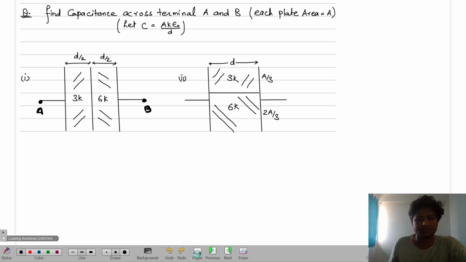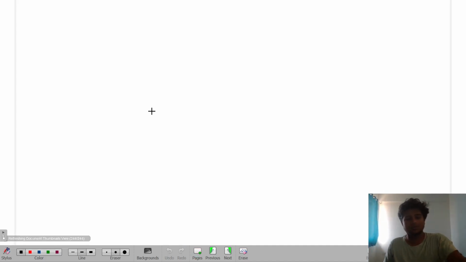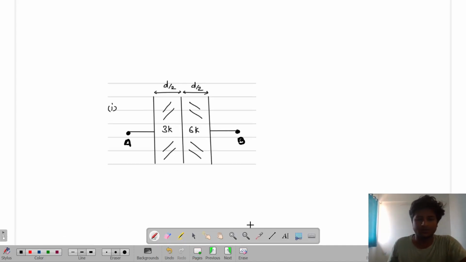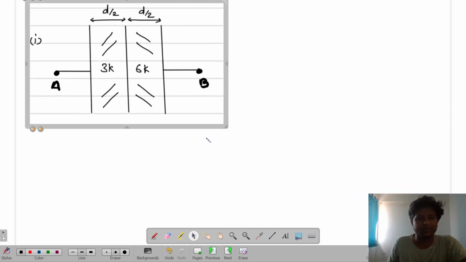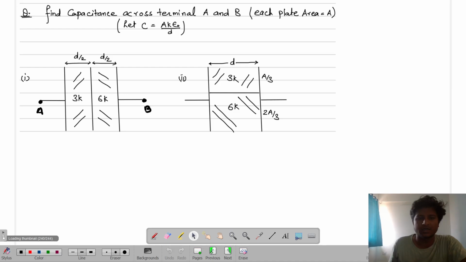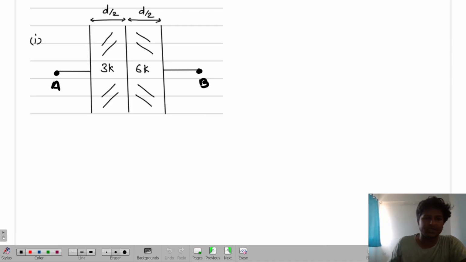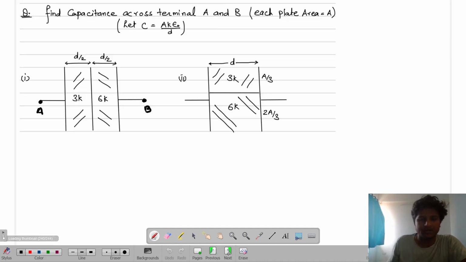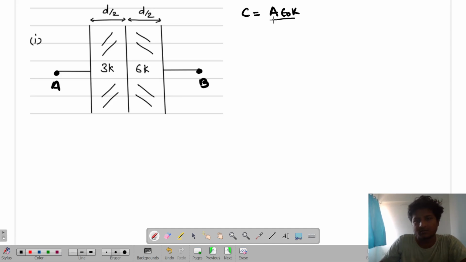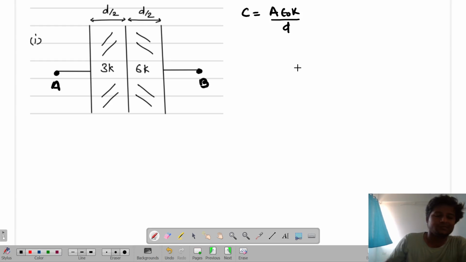The distance is D and the area of each plate is A, and the value of C is given as K A epsilon naught by D. Are you able to get me? Do it.